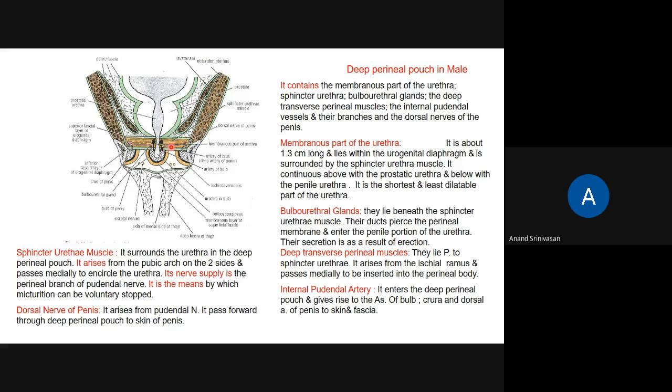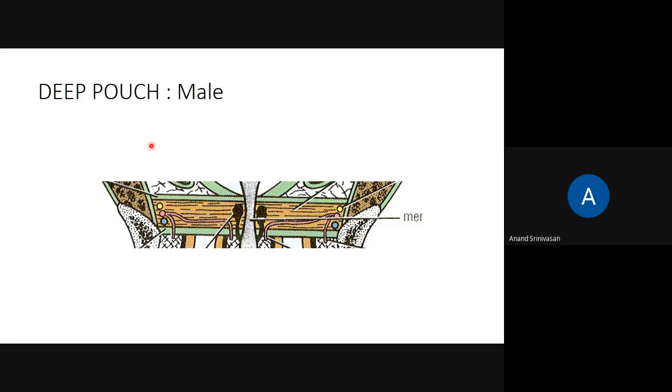Here there will be the superficial transverse perineal muscle and the deep transverse perineal muscle, which lie parallel to the sphincter urethrae. And the internal pudendal artery. So these are the structures present in the deep perineal pouch.